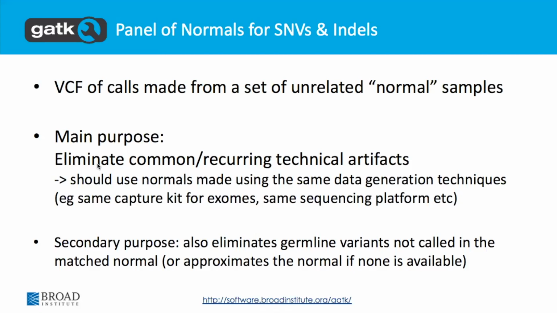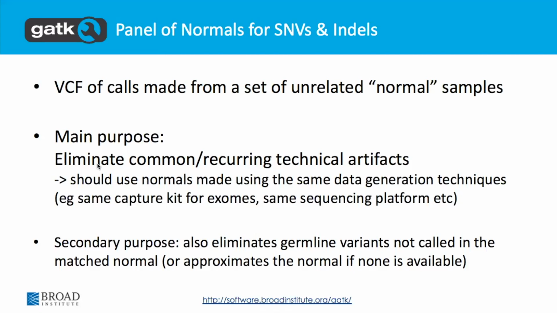Say more about what is called unrelated normal. Usually we do that in normal tumor care. Can we use that? So you can use, like if you have a bunch of matched normals for your tumor samples, you can use those matched normals as part of your panel of normals.